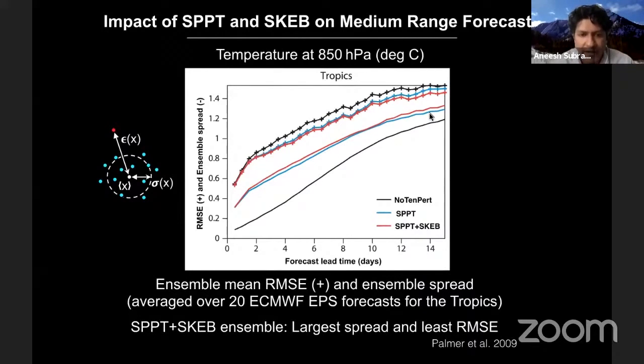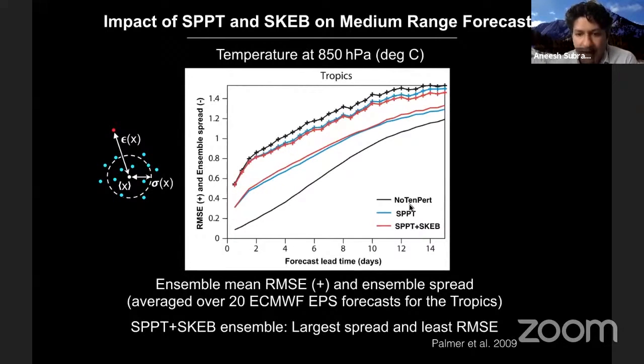The ideal forecast should be where these 2 lines overlay, so that the uncertainty in your ensemble equals the error in your forecast. If the uncertainty is smaller, which is true in this case, then the ensemble is known as under-dispersive. And here we see that the root mean square error is larger than the ensemble spread.